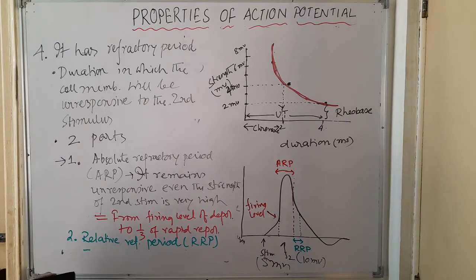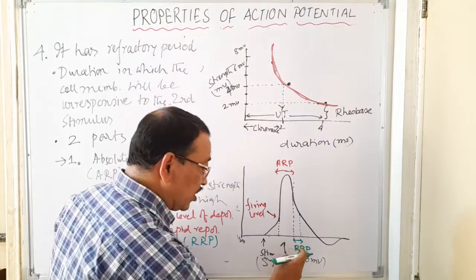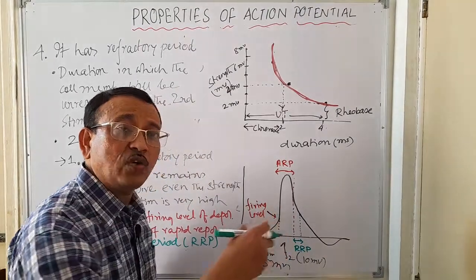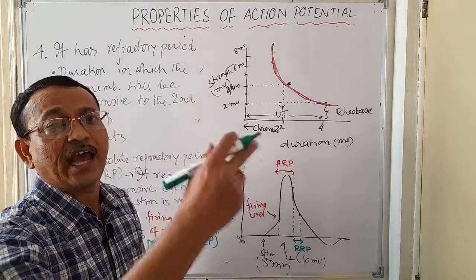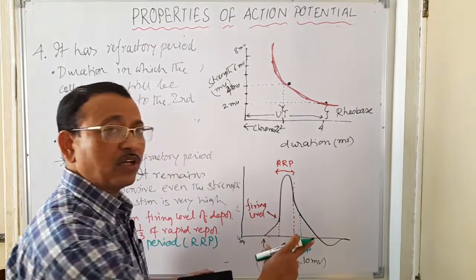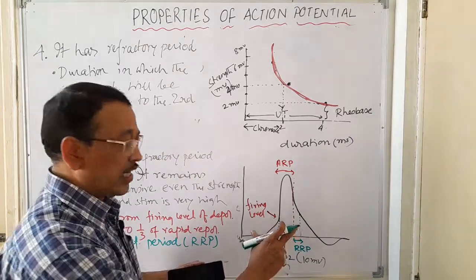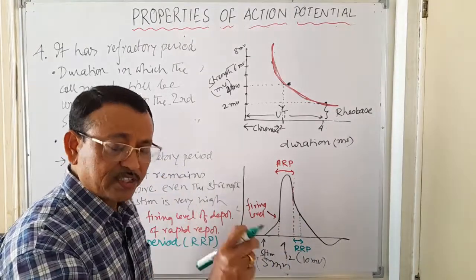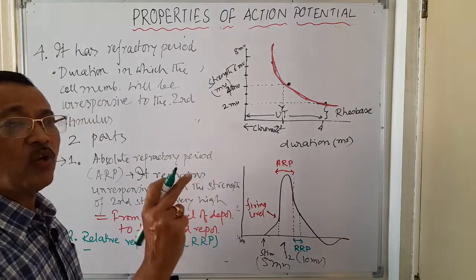If we increase the strength of the second stimulus, then it will evoke or generate the action potential. So at the late part of the refractory period, if the second stimulus strength is increased, it will give the response.